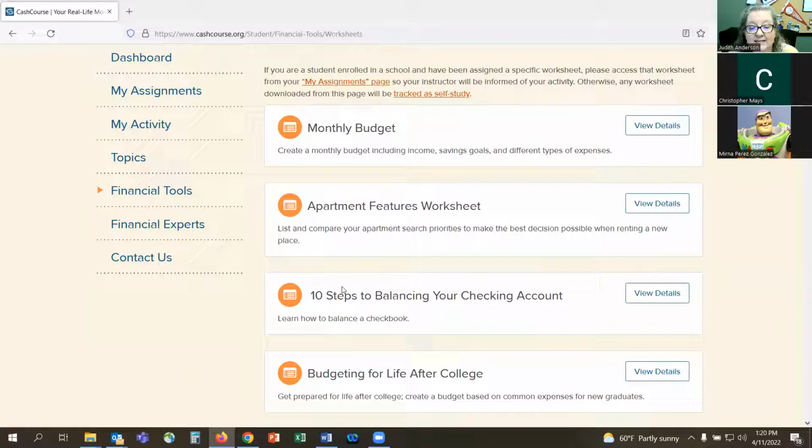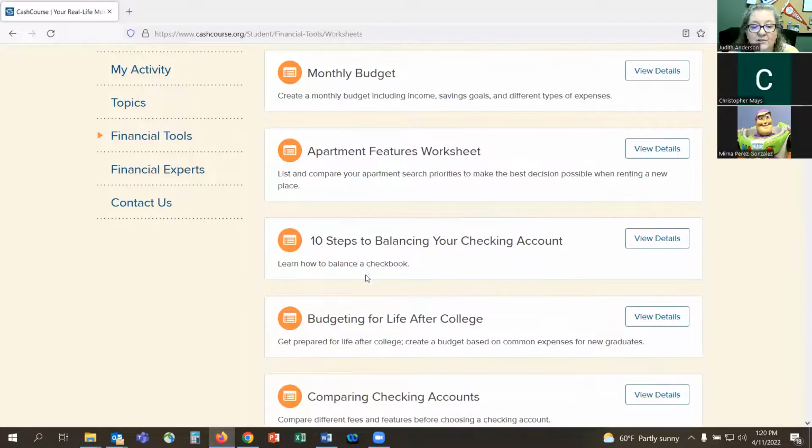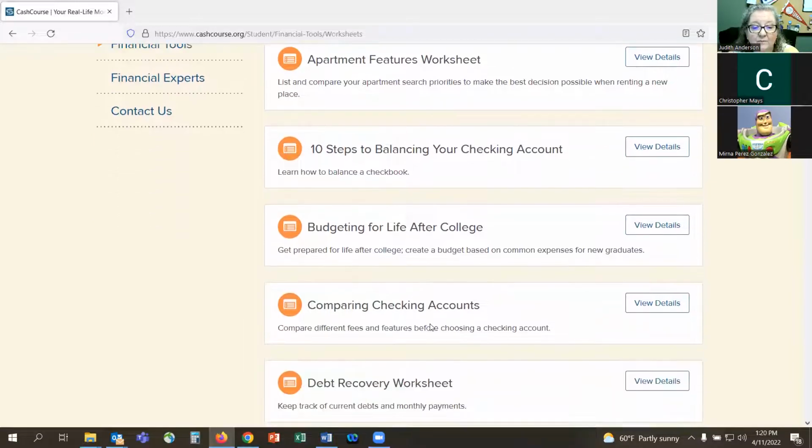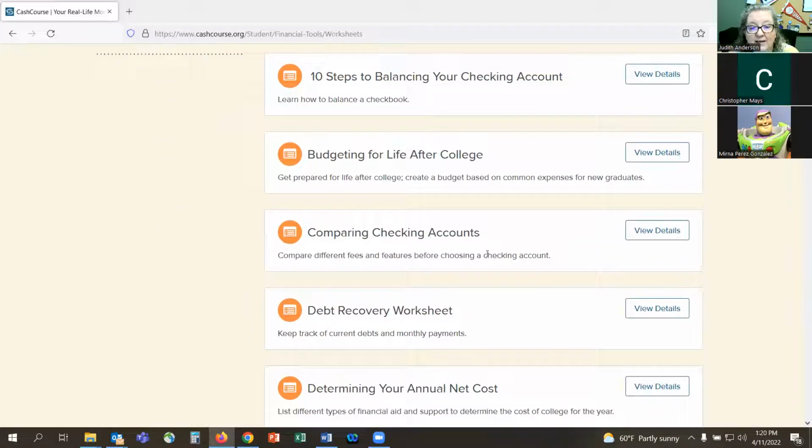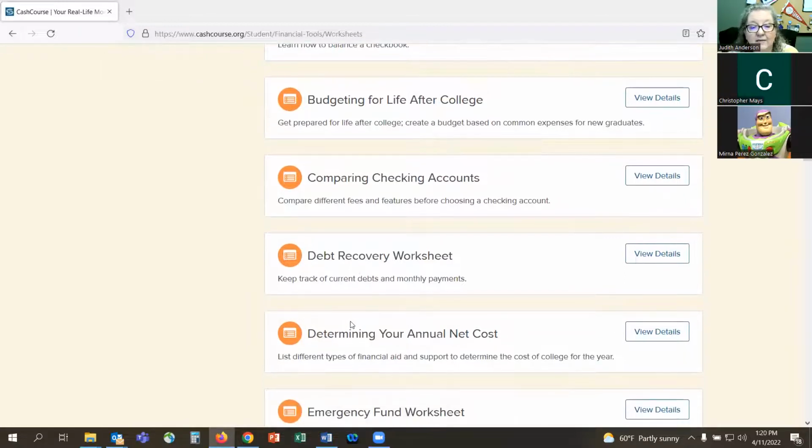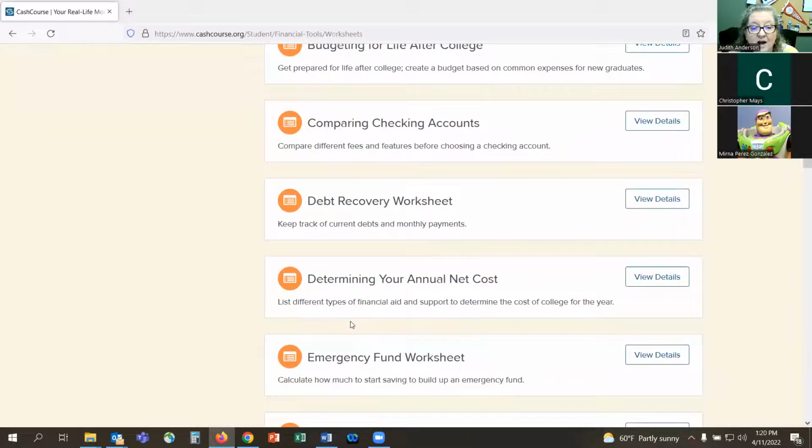And then there's 10 steps to balancing your checking account and budgeting for life after college, comparing checking accounts. That's initially when you're looking for a bank to put your money in. You want to compare the different banks and what they offer. And then there's also a debt recovery worksheet. And then determining your annual net cost.